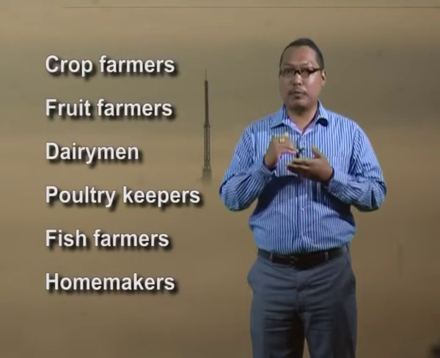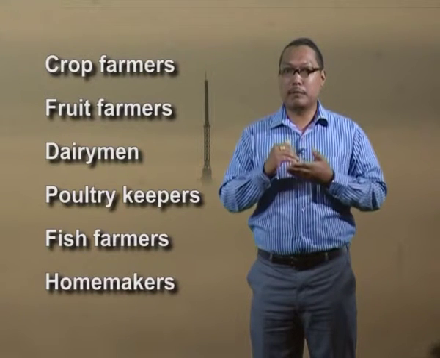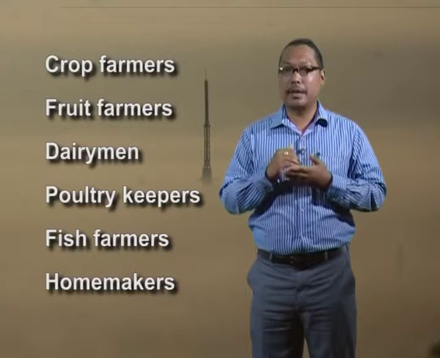An audience may be formed according to occupation groups such as crop farmers, fruit farmers, dairymen, poultry keepers, fish farmers, homemakers, etc. Audience may also be categorized according to farm size such as marginal, small, medium, or big farmers, or according to whether they belong to scheduled caste, scheduled tribe, etc.